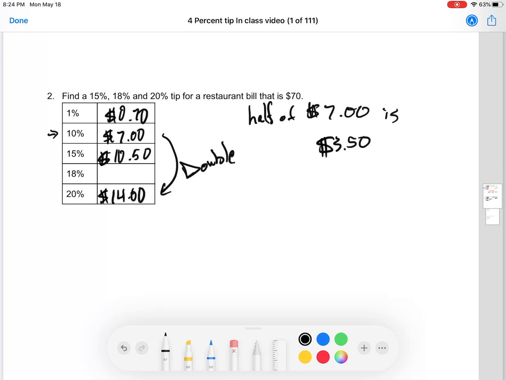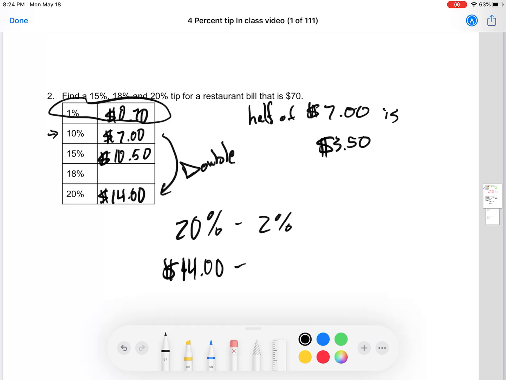$10.50. Now this time I'm going to do the 18% just a little bit differently, okay? I'm going to take the 20% and subtract 2%. Well, 20% is $14, and then I'm going to subtract 2%, and 2% is 2 of the 70 cents, right?